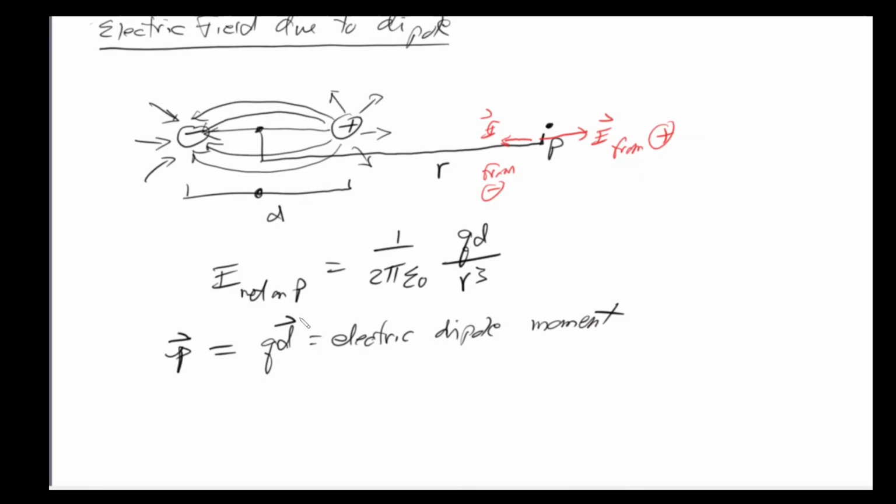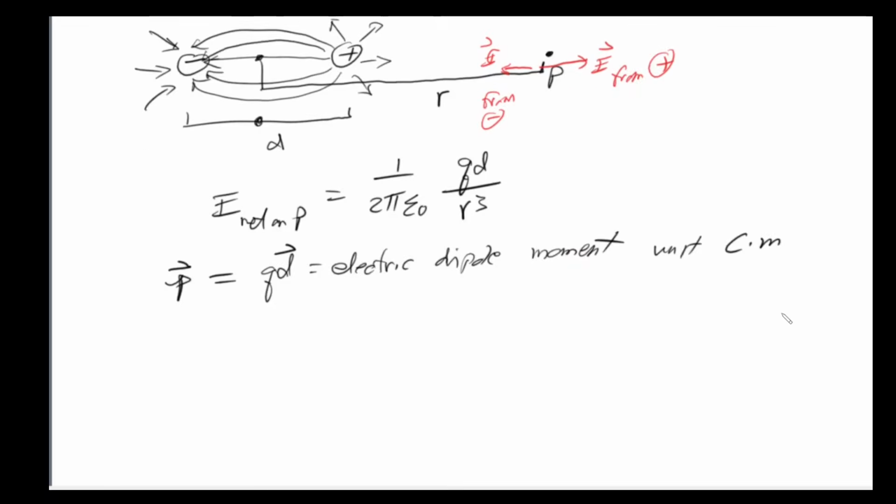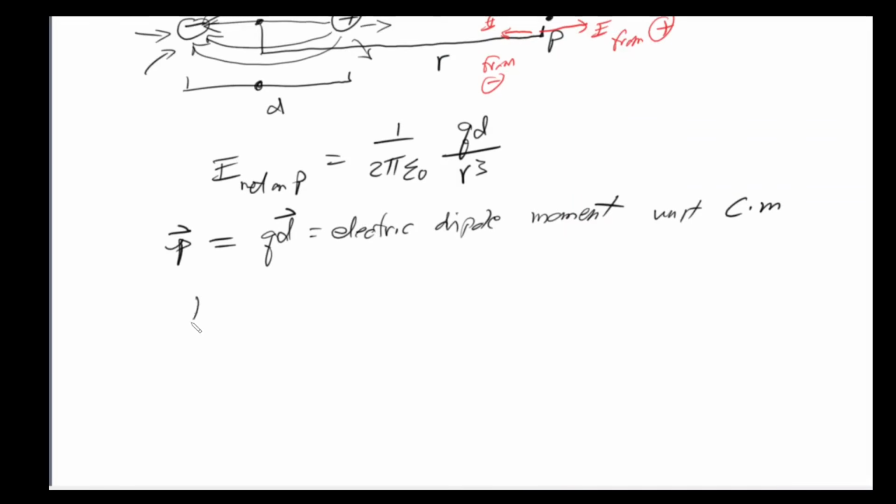So D has to also be a vector. And the units for those are obviously Coulomb meters. So then we can write the electric field for a dipole as 1 over 2 pi epsilon 0 times P over R cubed.